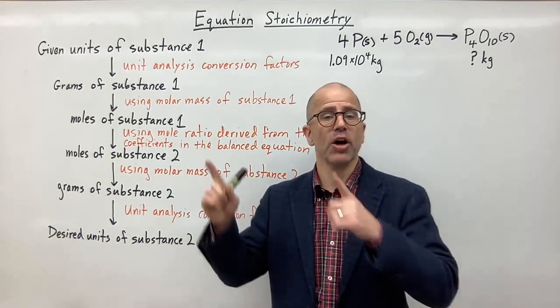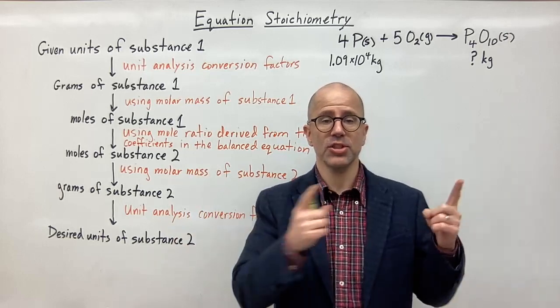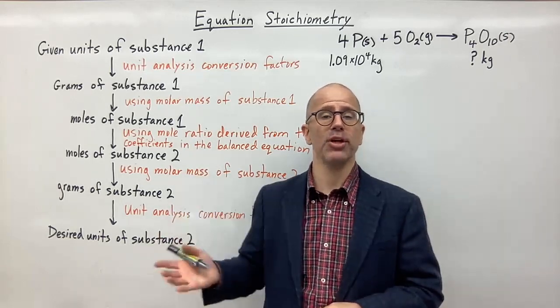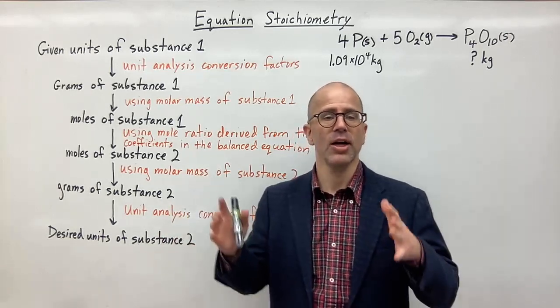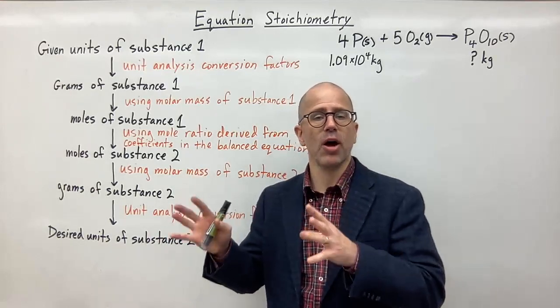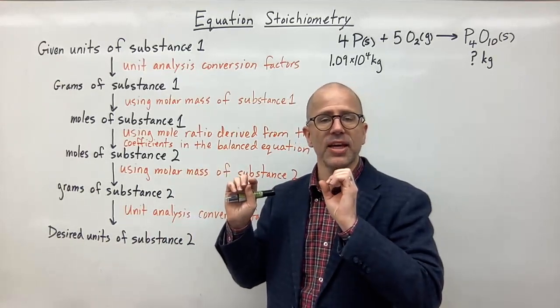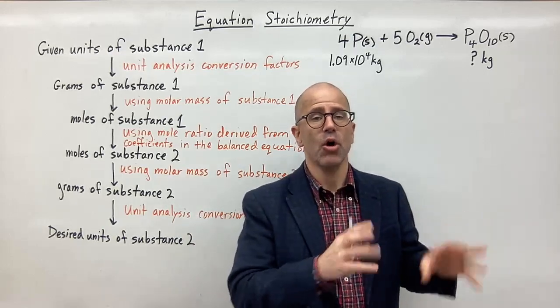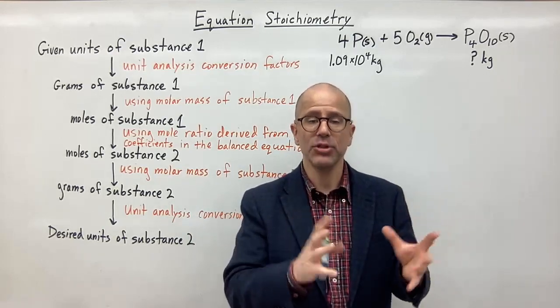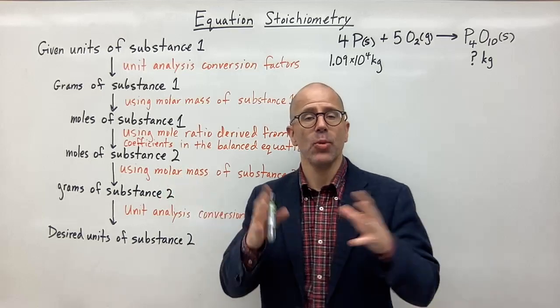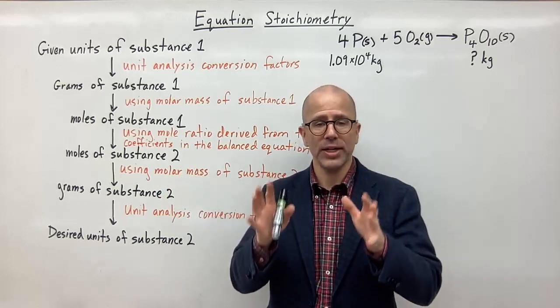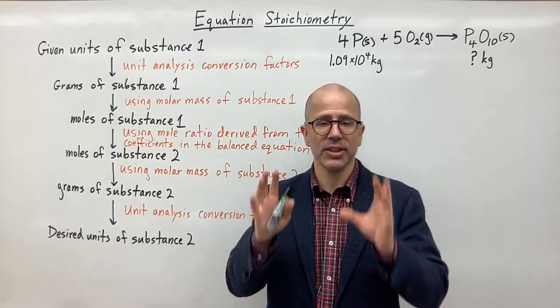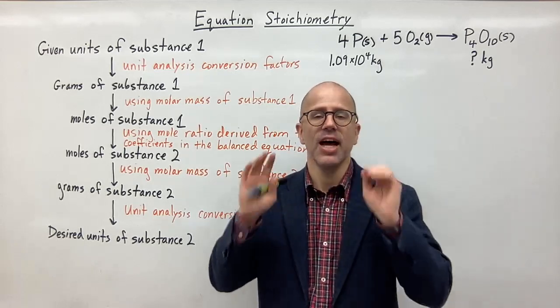Step two, as soon as you get to moles, you're then going to use a mole ratio to convert from moles of one substance to moles of the other. Now, in a previous video, when we were talking about going from the element in a compound to the compound, or from the compound to the element in the compound, we were using the mole ratio from the formula, not the balanced equation.